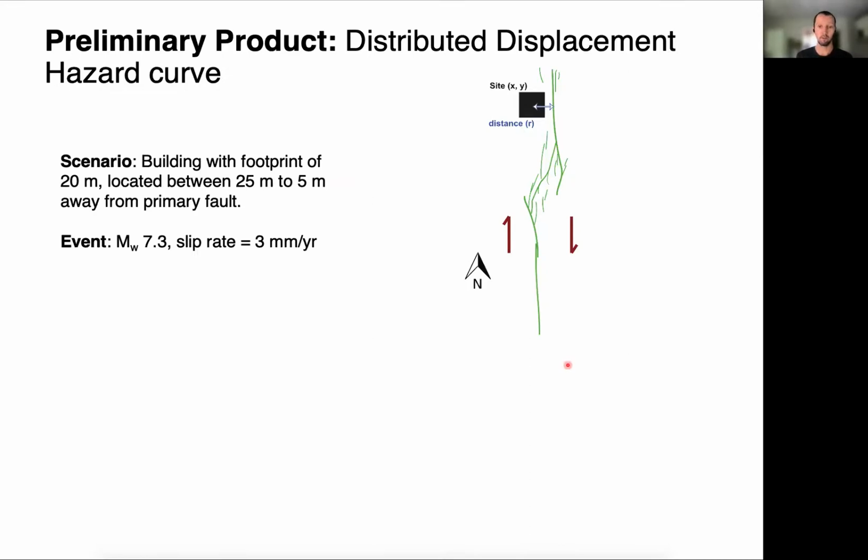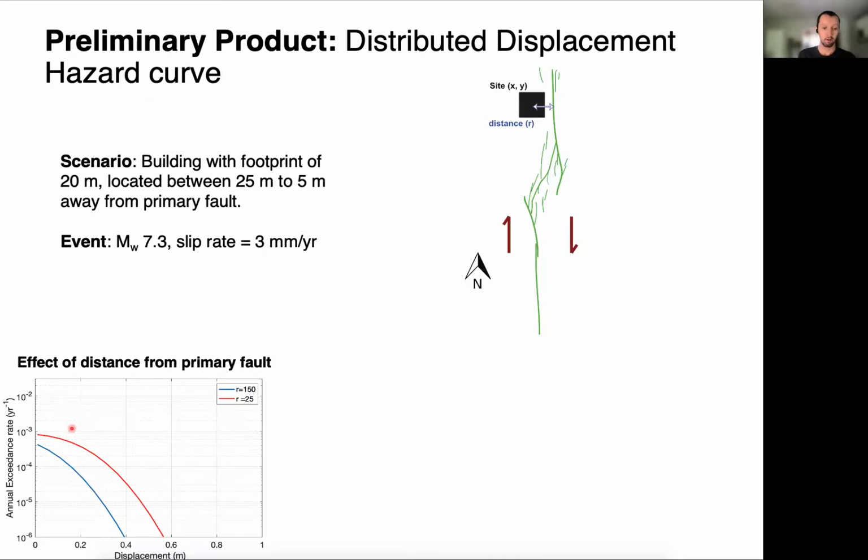We can then come up with a hazard estimate. This is a really simple, toy example showing a scenario where we have a building located 15 meters away from a fault. We're assuming a scenario event of magnitude 7.3 and a slip rate of 3 millimeters a year.